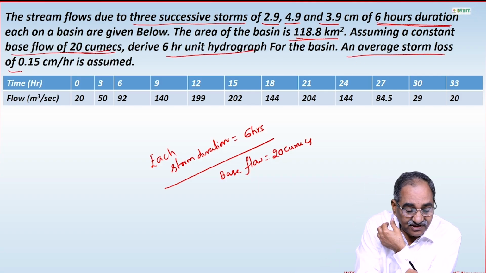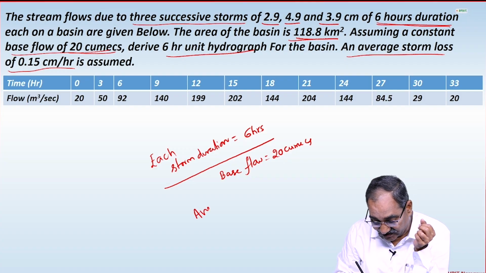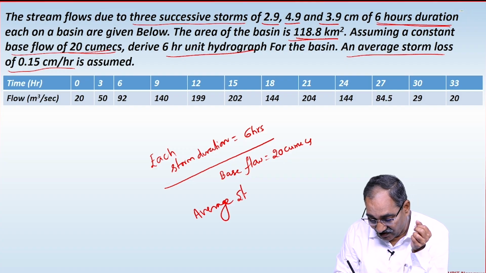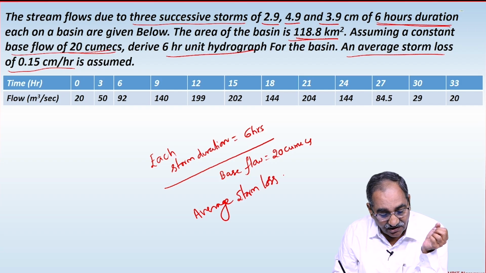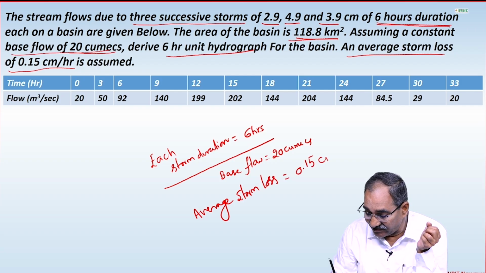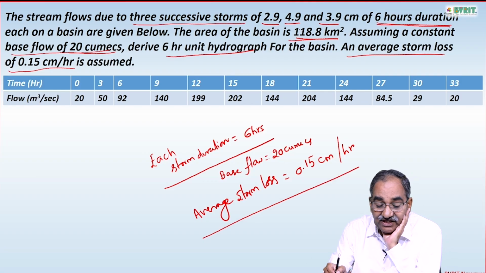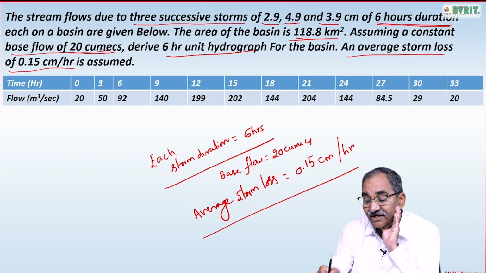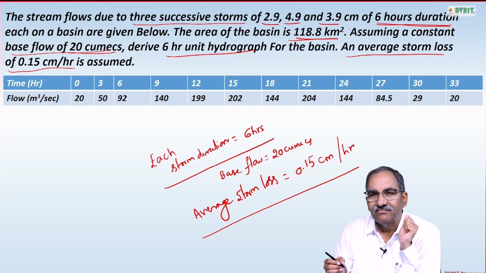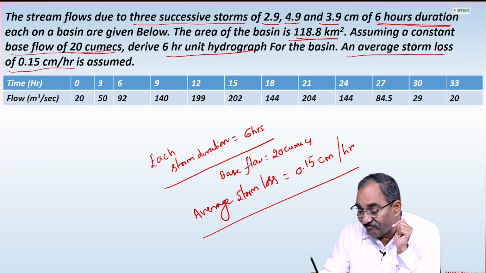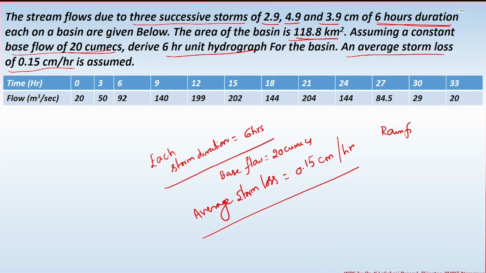Average storm loss, this is very, very important, is equal to 0.15 centimeter per hour. So that means whatever these centimeters are, that is only the rainfall. But what we want is the effective rainfall. Rainfall is 2.9 centimeters for the first storm. Loss is how much? 0.15 centimeters per hour.